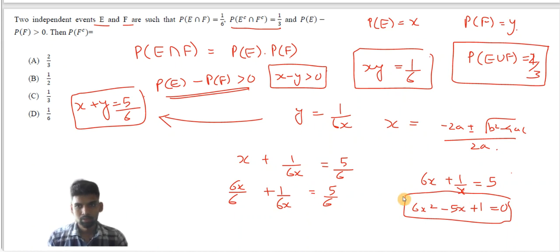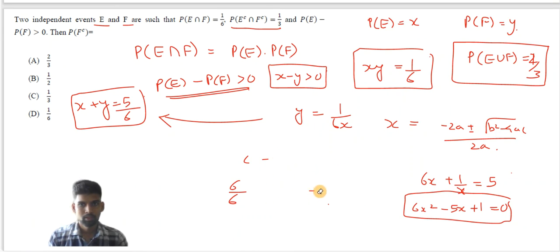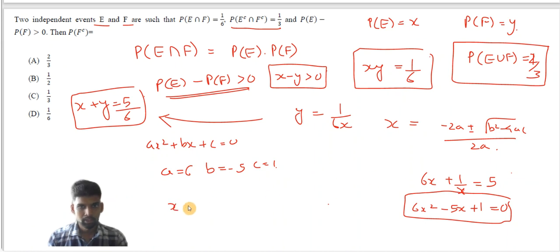Comparing it with the standard form, ax squared plus bx plus c is equal to 0, a is equal to 6, b is equal to minus 5, c is equal to 1. So x will be equal to minus 2a, that is 12, plus minus under root of b squared, which is 25, minus 4ac, which is 24, divided by 2a, which is 12.